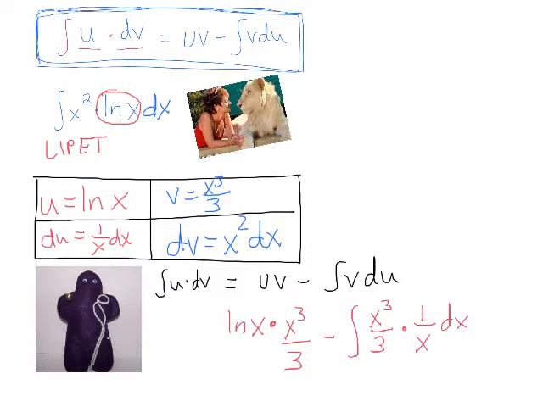And now we still have an integral here, so it would seem as though we haven't made much progress, but let's simplify this down and see if we can make progress from there.